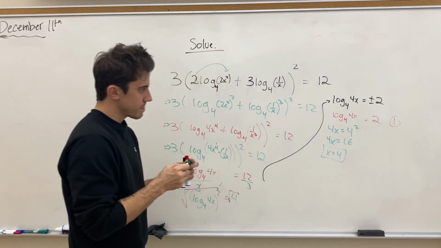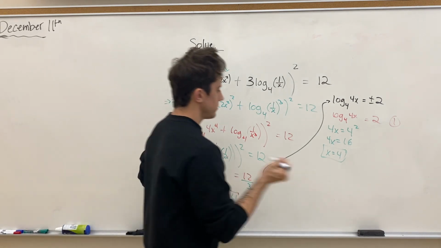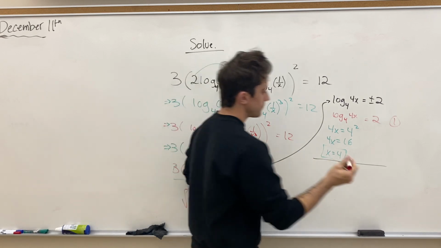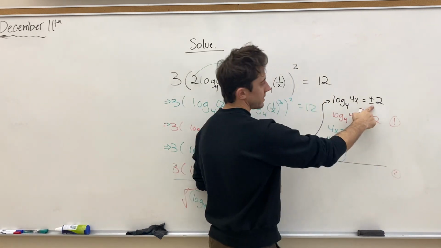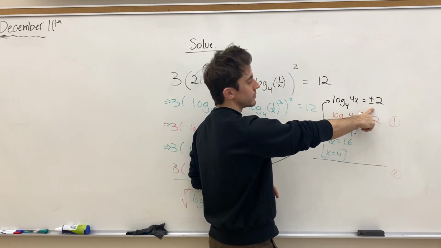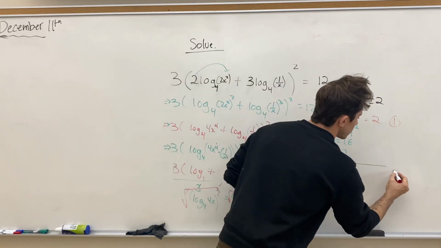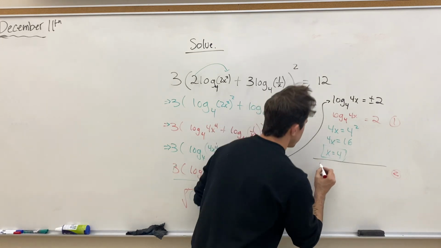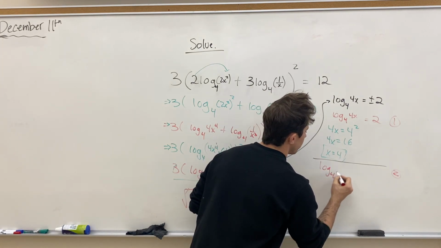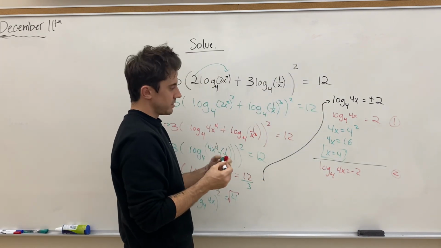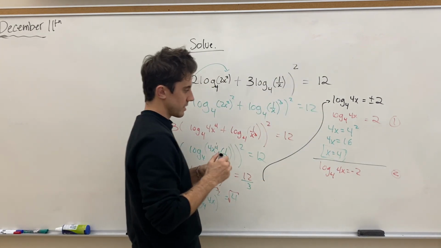Okay? Now, our second option, let's divide those so that it's clear. Our second option is if we take the solution of -2, right, for the square root of 4. Option 2 here. So if we have log base 4 of 4x being equal to -2, let's see if that turns out okay.